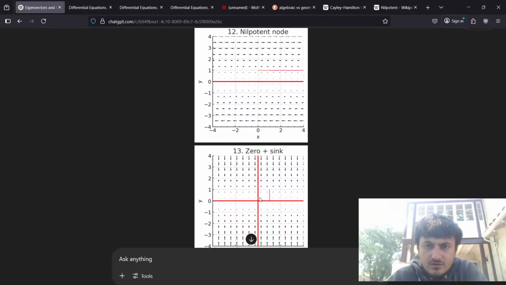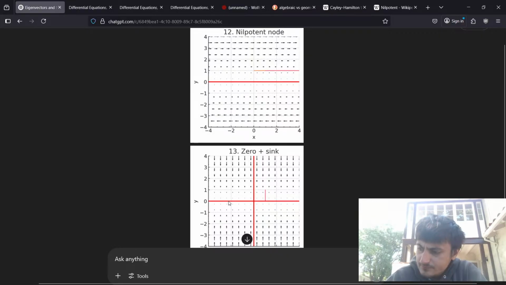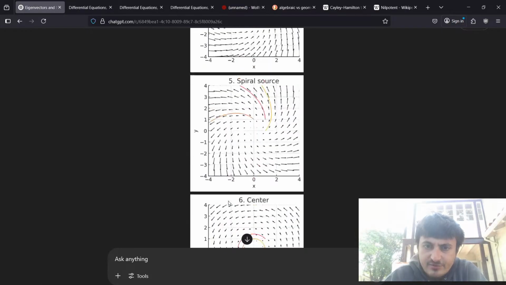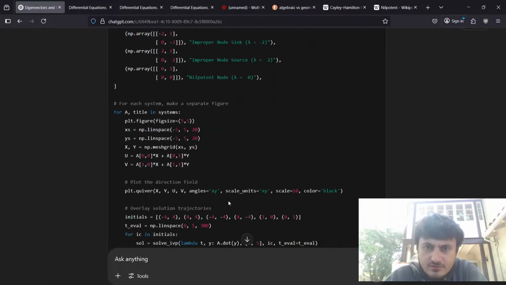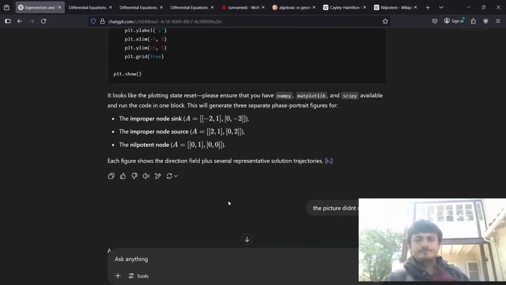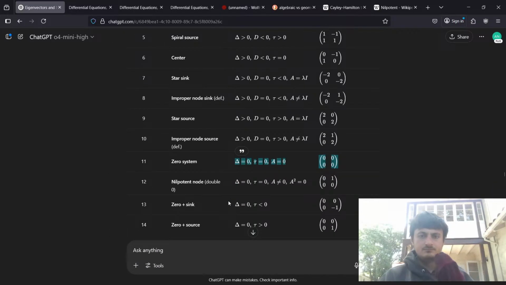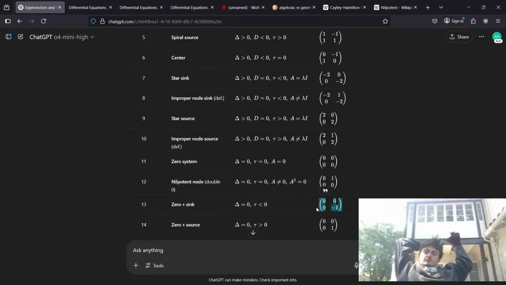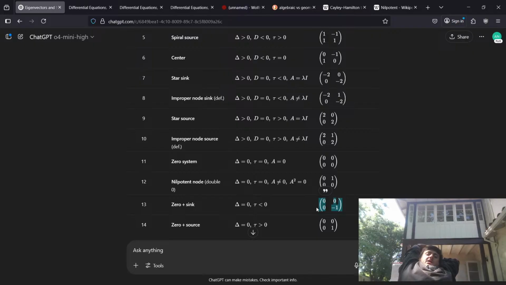Oh, because we have... What's an example of the matrix? Lambda equals -1.